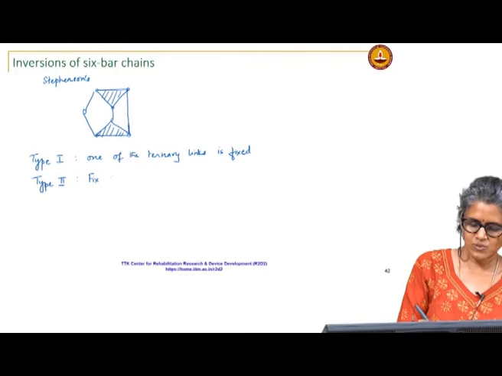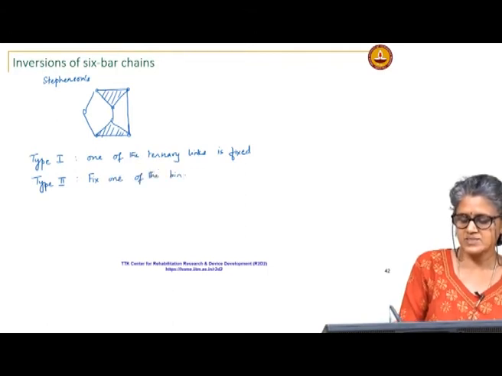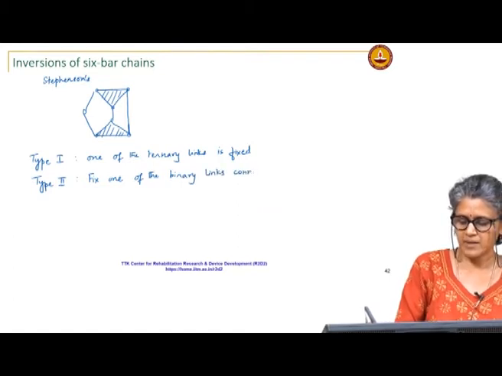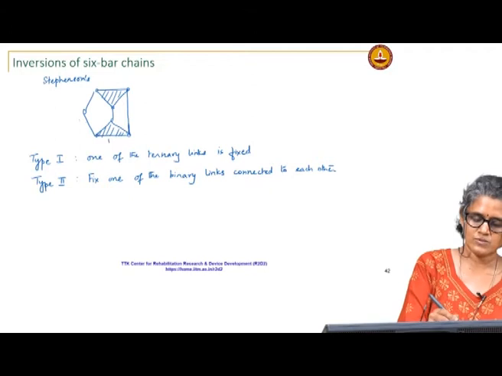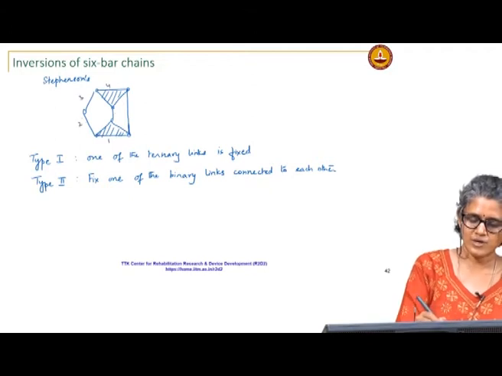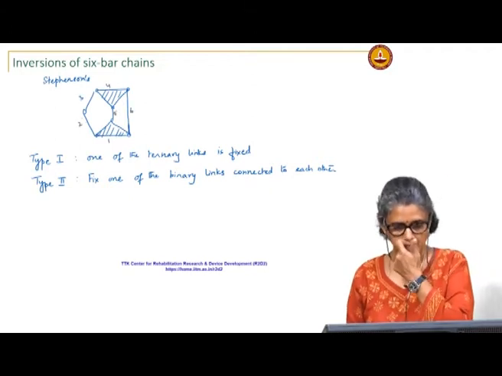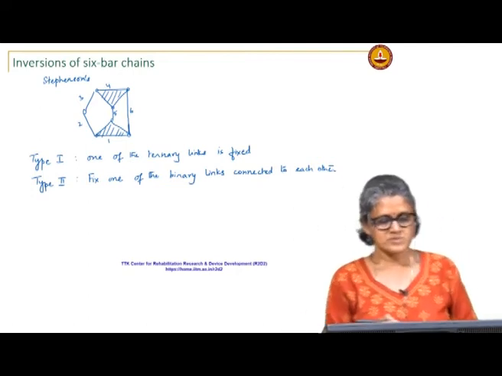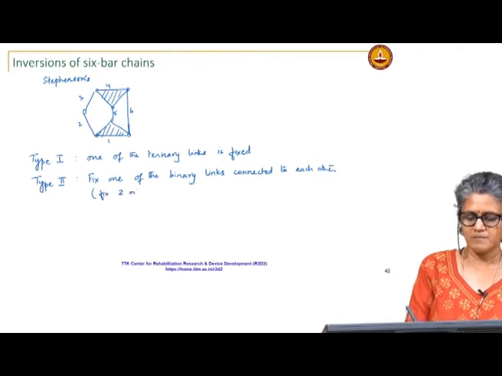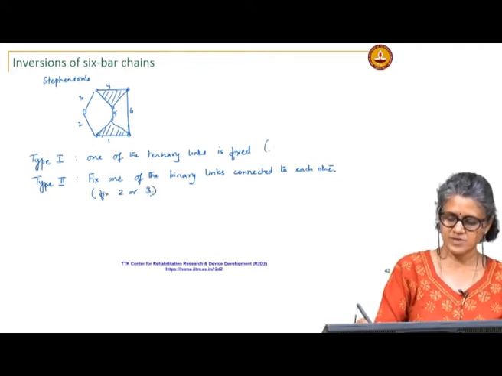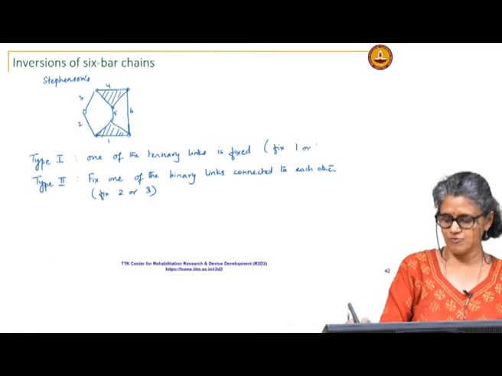Fix one of the binary links connected to each other, which would be which ones? So, say I call 1, 2, 3, 4, 5, 6. This would be fixing 2 or 3. This is fix 1 or 4.